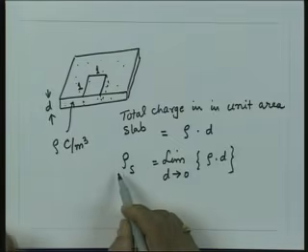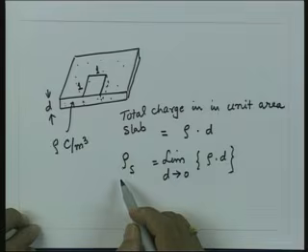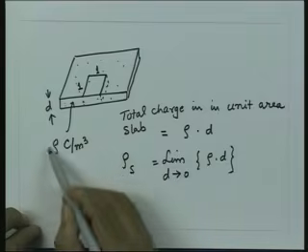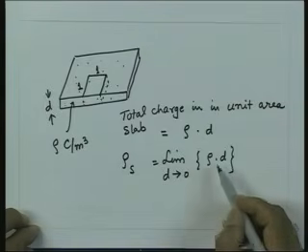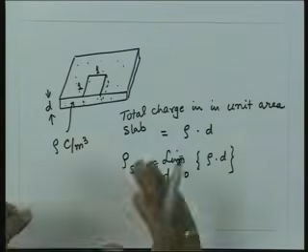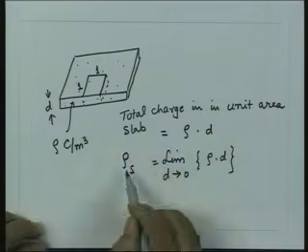So, the two things you should note here, that if I go from this volume charge density rho to the surface charge density when d tends to 0, if a true surface charge is there, that is equivalent to the infinite volume charge density. If that infinite density is confined to 0 thickness, that gives me the distribution of charges truly on the surface, and that is what is called the surface charge density.